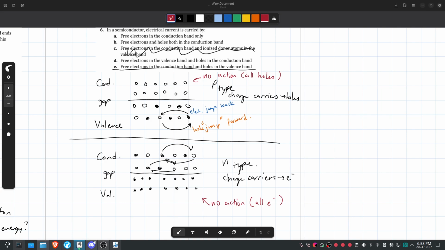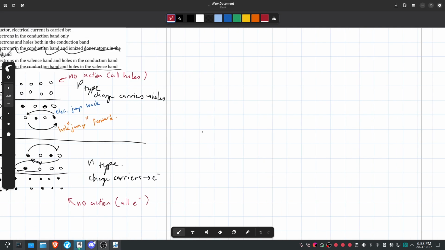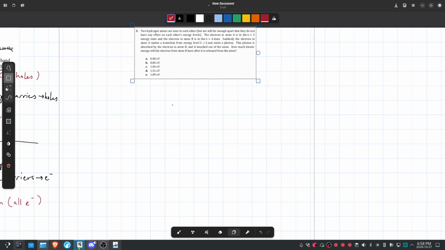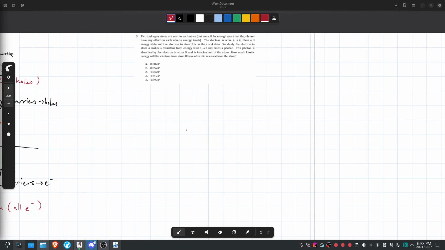This one's pretty good. This one is rather electron energy. So here we go. This is from the 2019 midterm. The ones I've been doing have all been 2018 midterm.